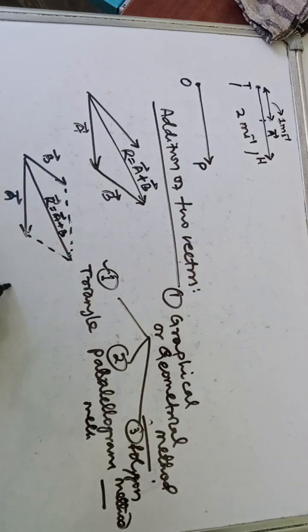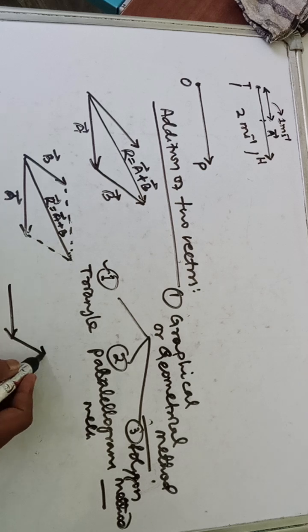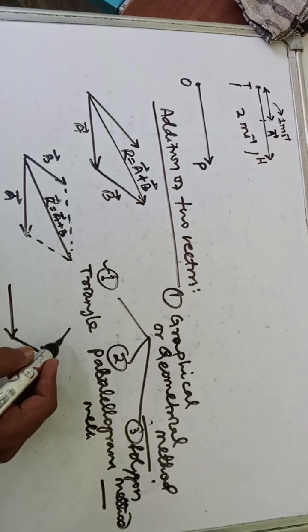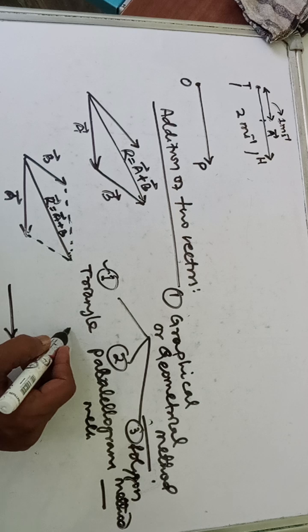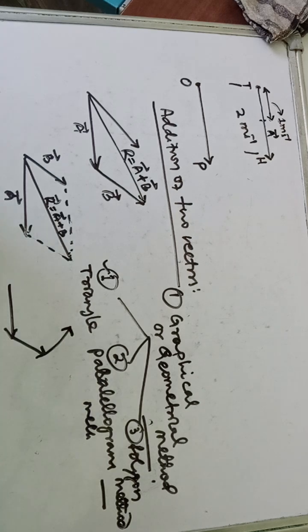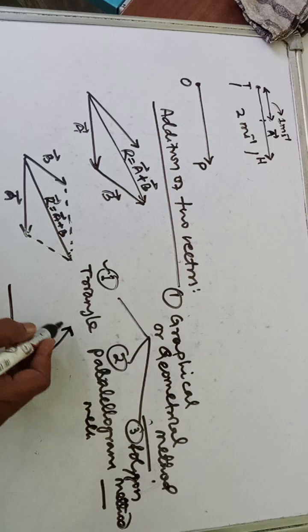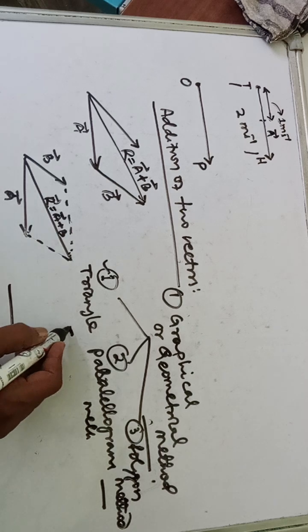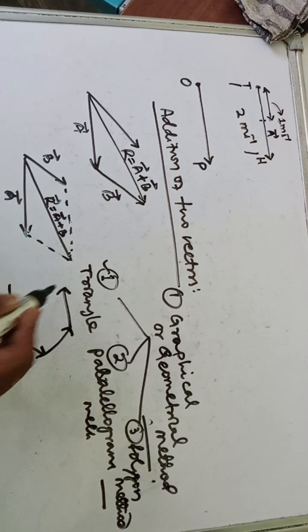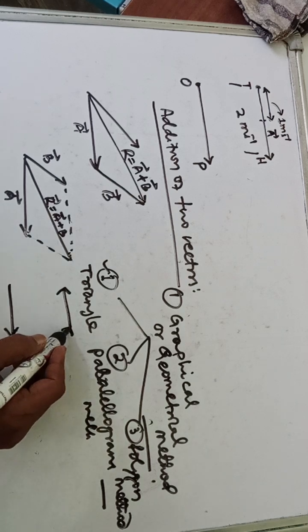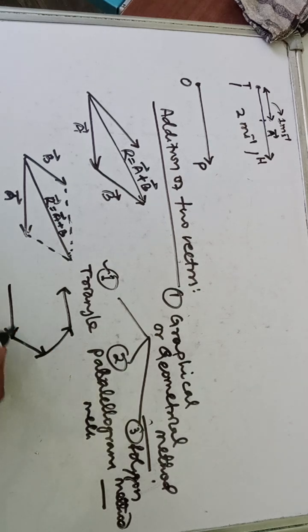The polygon method says if we have two, or more than two, vectors, we join the tail of the second one with the head of the first one and continue it in some order.